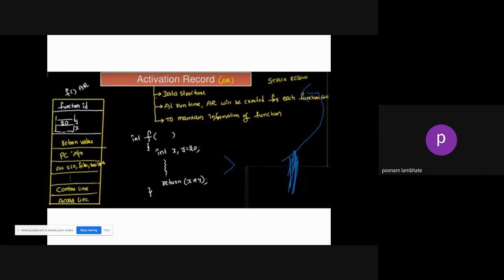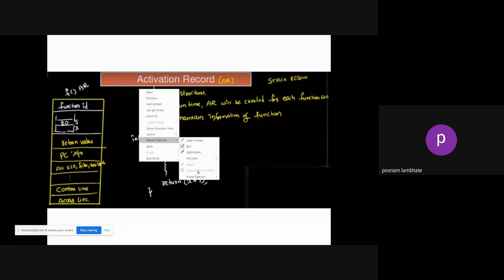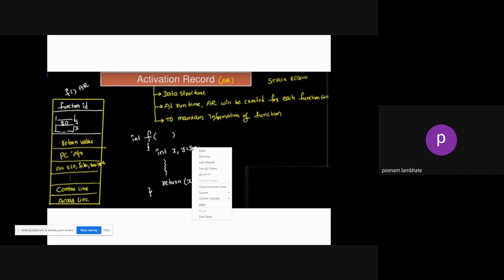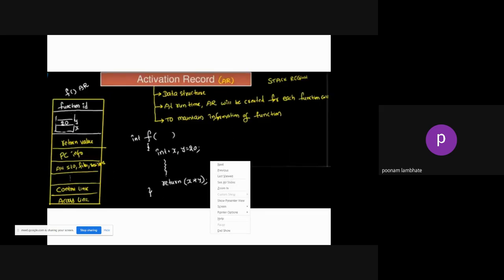And at runtime, that is when you're actually running the program, these activation records will be created for the function. It is used to maintain particular information, like where I have to return, how much is suspended, and all that.